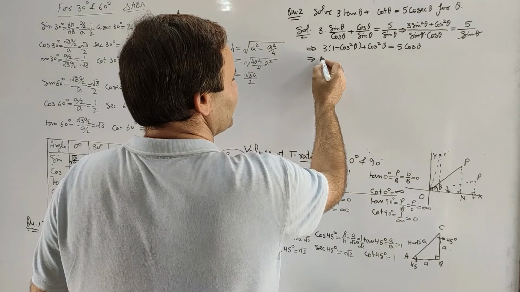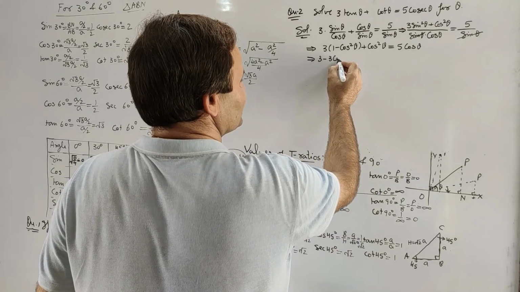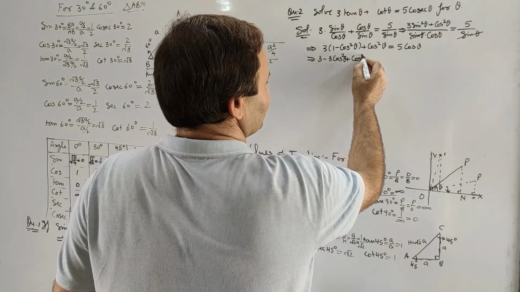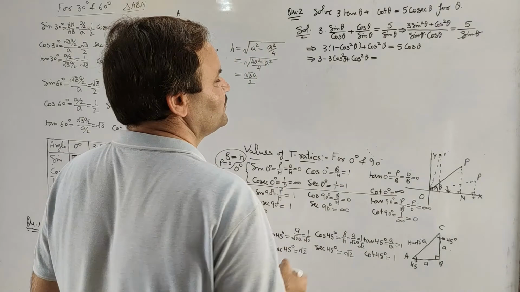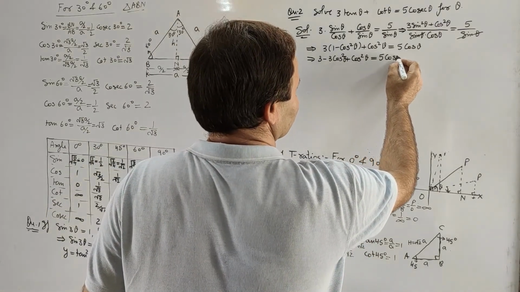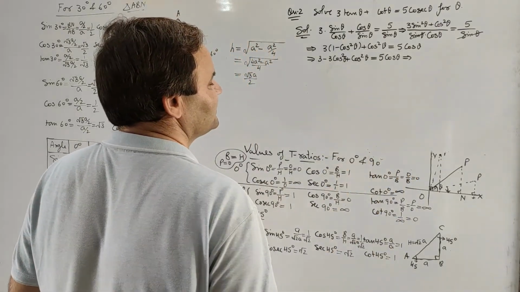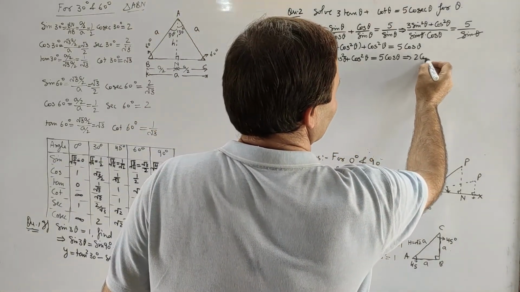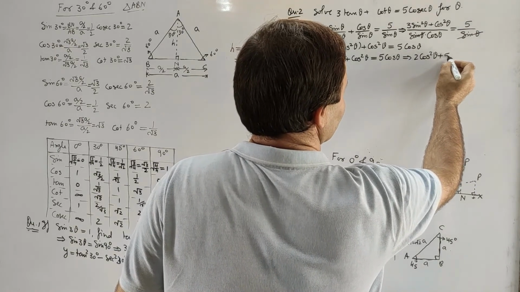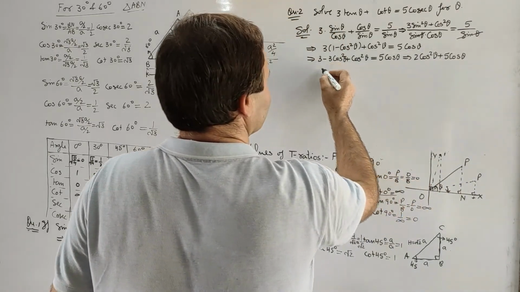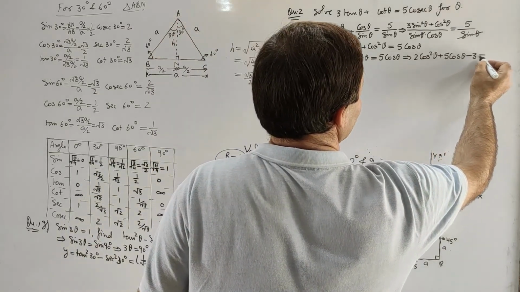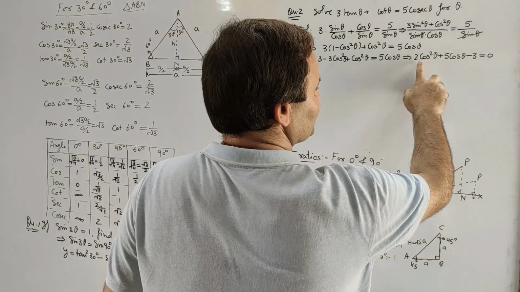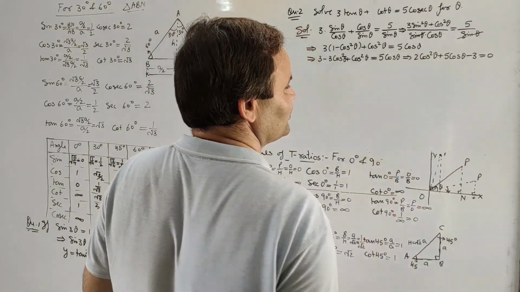This will give 3 minus 3 cos square theta plus cos square theta is equal to 5 cos theta, and this will give, with minus 2 cos square theta taken this side, 2 cos square theta plus 5 cos theta, and 3 taken to this side, minus 3 equal to 0. Now we will split the middle term because it is a quadratic equation in cos theta.